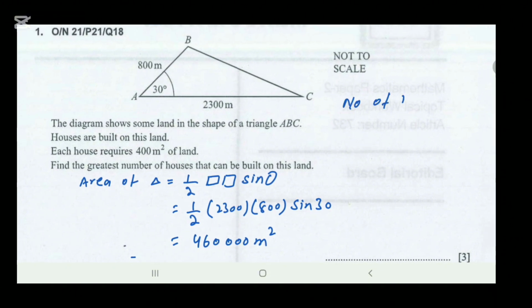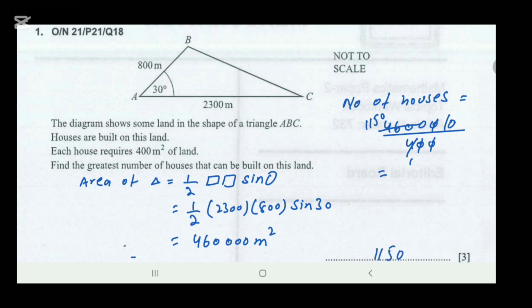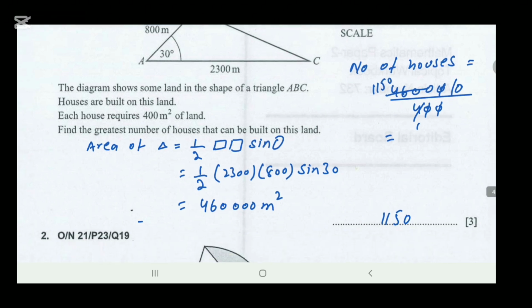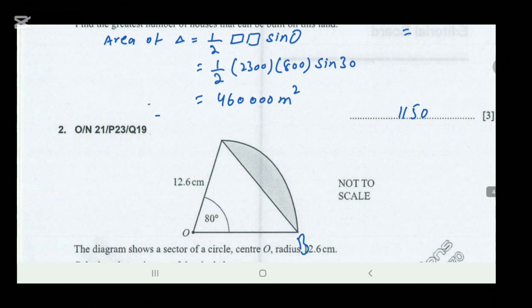You have to find number of houses, and for this you have to divide the area of triangle with 400, since each house requires 400 meter square. So the final answer will be 1150. So greatest number of houses that can be built on this land is 1150.